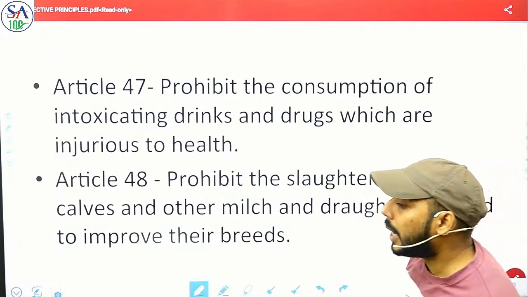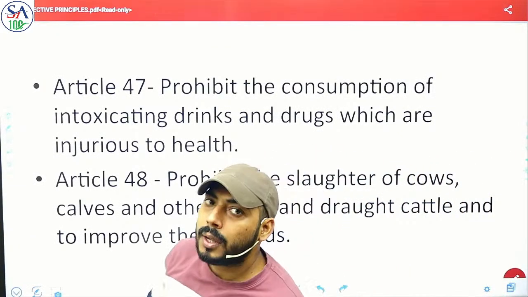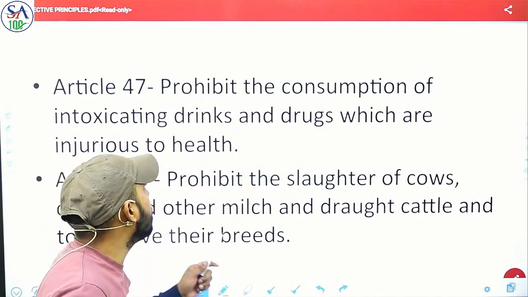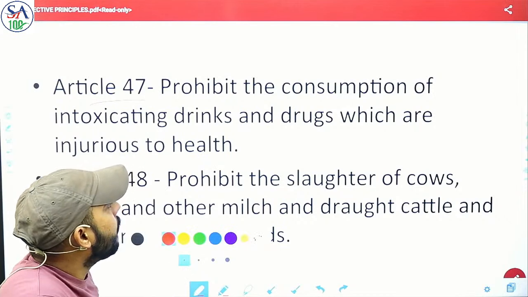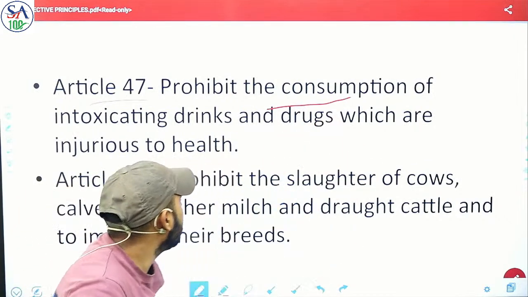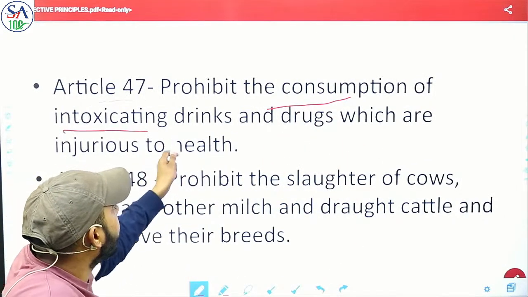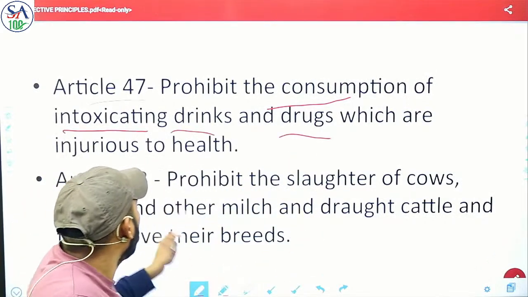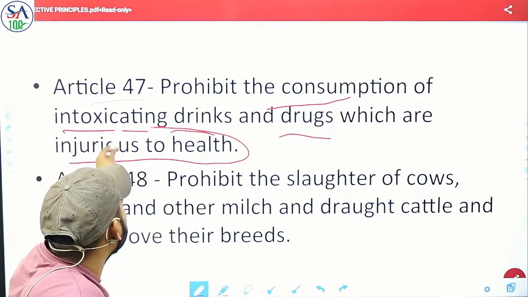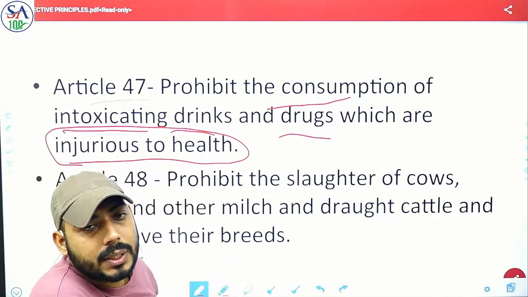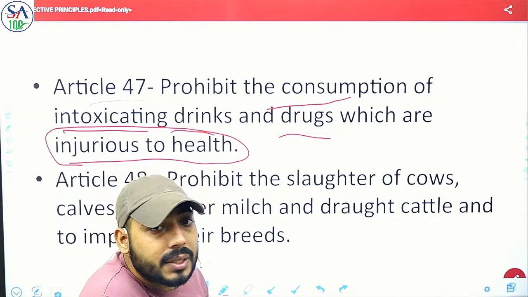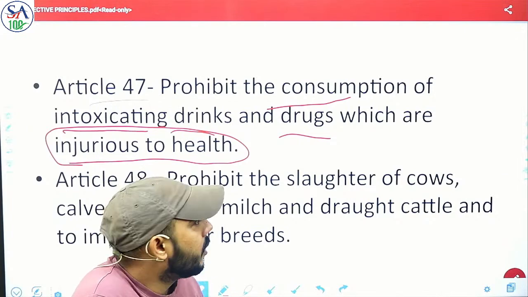The next article is Article number 47. Now what does Article 47 say? It says to prohibit the consumption of intoxicating drinks and drugs which are injurious to health. For example, alcohol is injurious to the health of people.